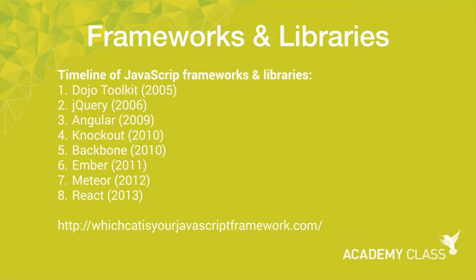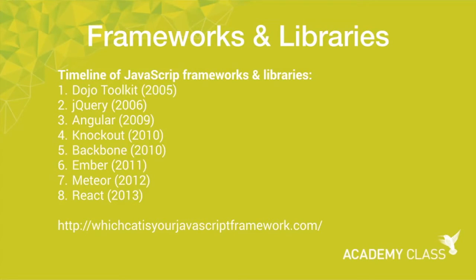It's more of a library, and today almost all of the websites are using jQuery. However, at this point, it was really a new development which enabled Ajax calls and lots of stuff, which was very helpful for building web apps. After that, Angular was developed in 2009.